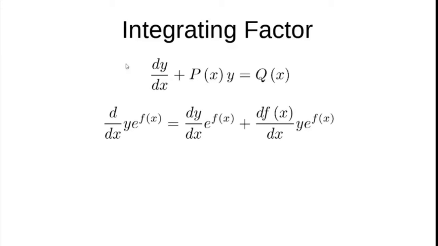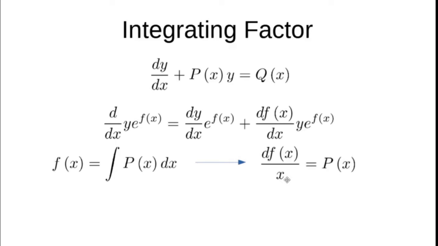So how do we use this? If we say that f(x) is the integral of p(x) dx, then what that means is that df by dx is p. So this becomes p. So what you end up having is d by dx of y e to the f(x) is equal to dy by dx times e to the f(x) plus p of x times y times e to the f(x).